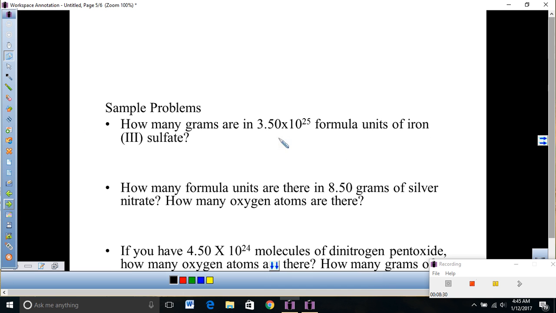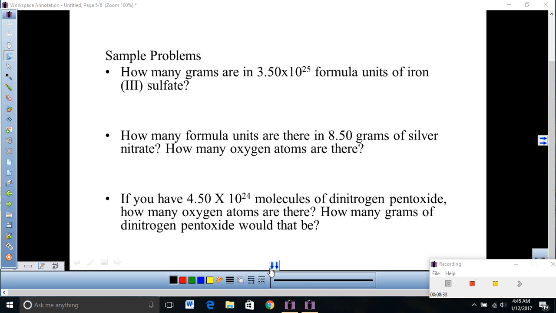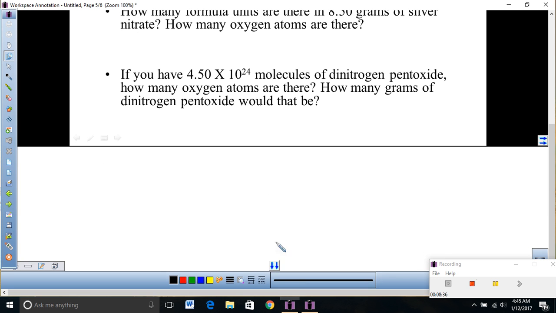Alright, last example is going down here, so let me scoot this up a little bit. It says if you have 4.5 times 10 to the 24th molecules of dinitrogen pentoxide, covalent, using the word molecule, so I don't need to switch them, just write what it says. It says how many oxygen atoms are there?